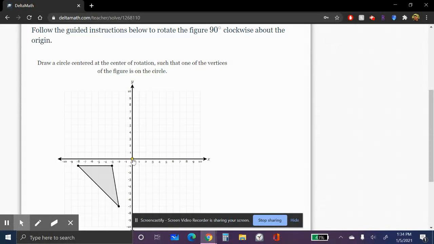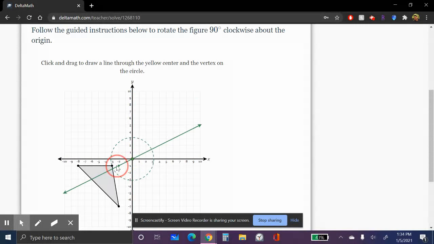I'm going to click and drag to create a circle that lies on one of the points of the figure. Then it says click and drag a line through the yellow center and the vertex on the circle. So I'm click and dragging another point that makes a line.